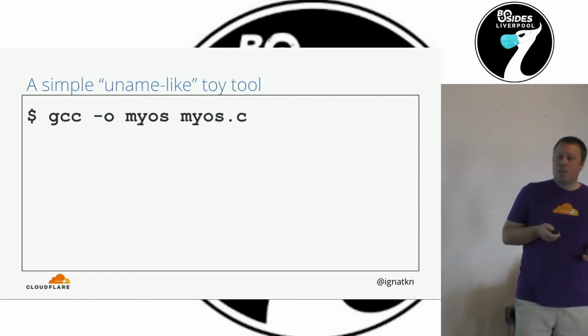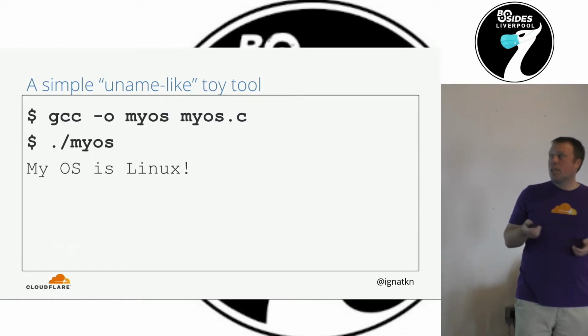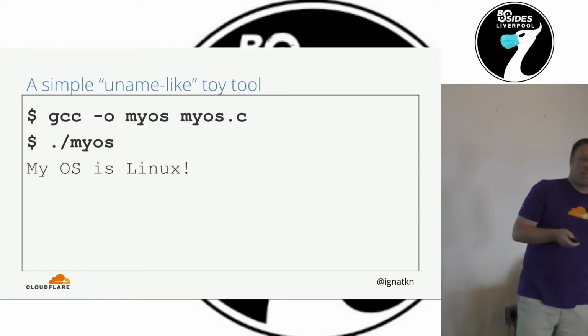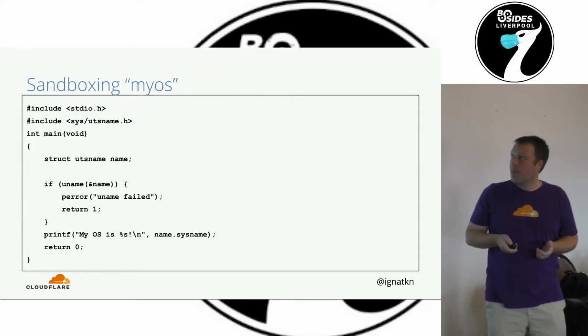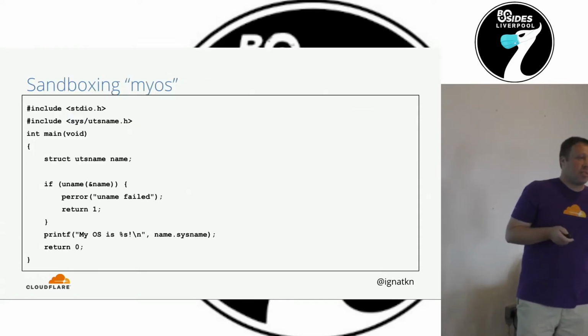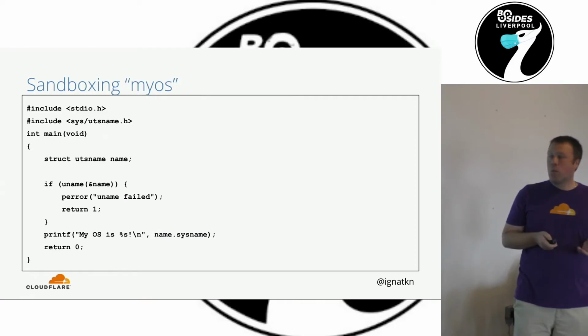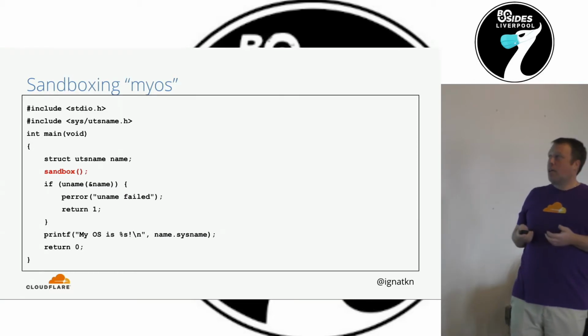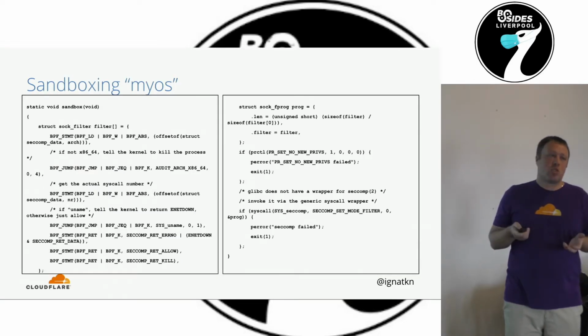Right? So let's see how it works. You can just compile this application, execute it, and it will tell you that your operating system is Linux. So let's try to sandbox this application. We'll modify it by adding another function called sandbox, and we will implement this function in this way.